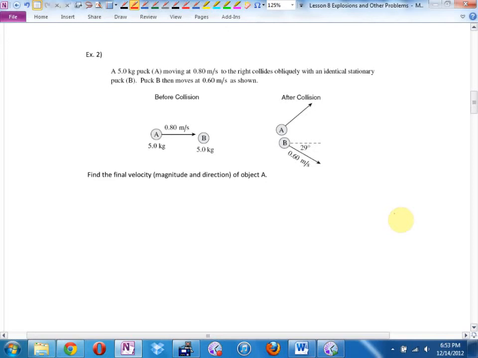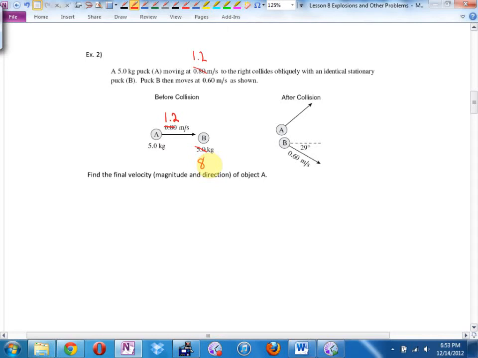So here's what I'm going to do. We're going to cross out this 0.8 and make it 1.2 meters per second. We're going to cross out the fact that it's an identical puck. Instead of 5 kilograms, we're going to make it 8 kilograms.